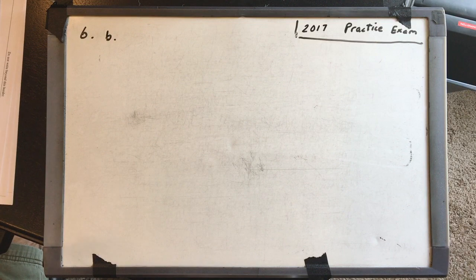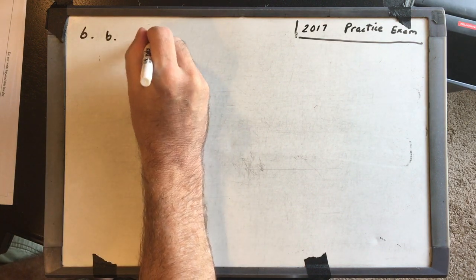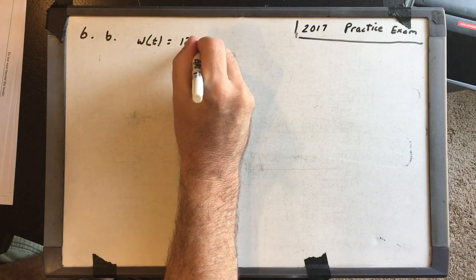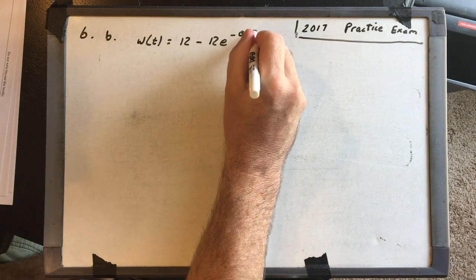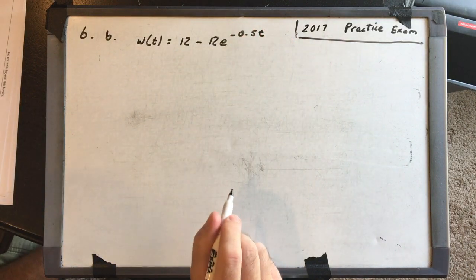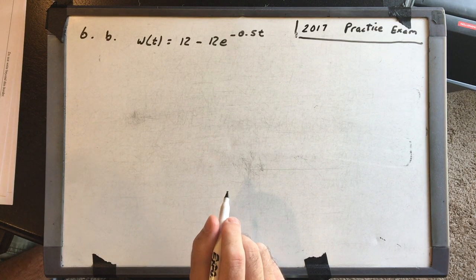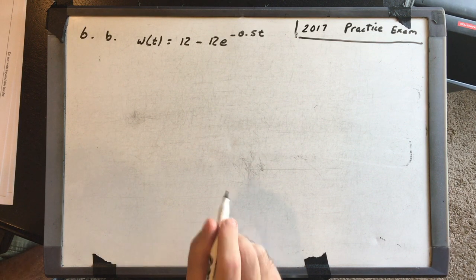Part B says that the radius of the first circle is modeled by W of t equal to 12 minus 12e to the minus 0.5t from 0 to 6 seconds. At what time t is the radius of the circle increasing at a rate of 3 centimeters per second?